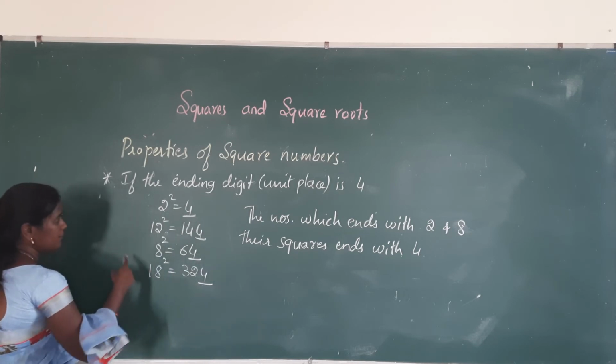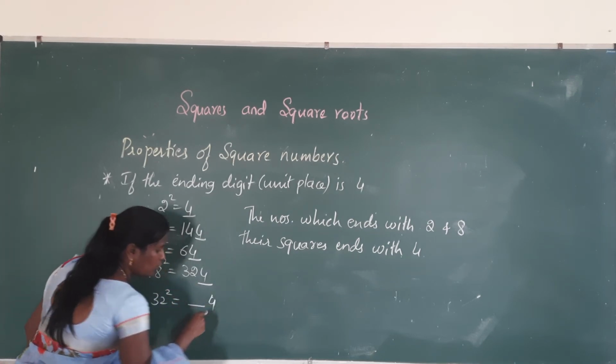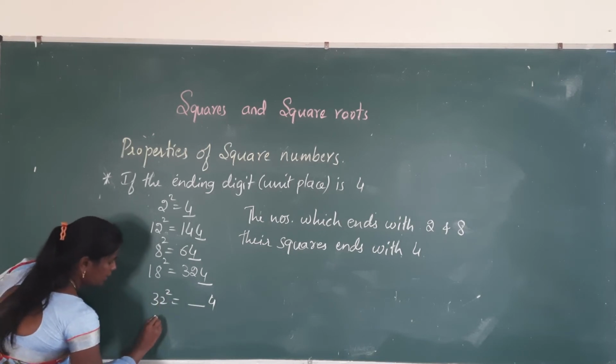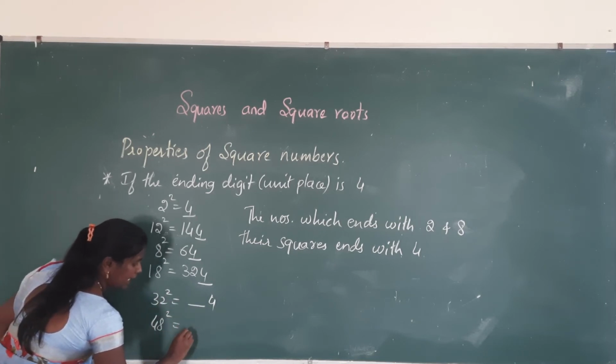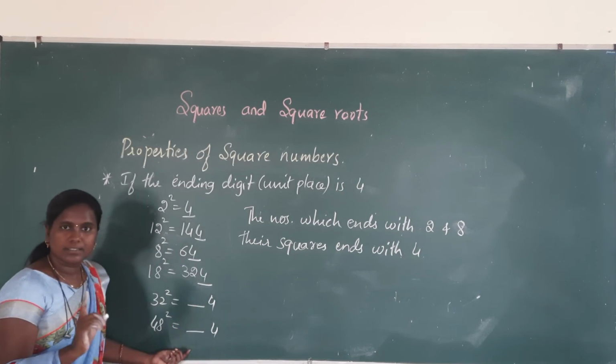If you are taking 32 square, its square ends with 4 only. If you are taking 48 square, it ends with 4 only. Check these answers.